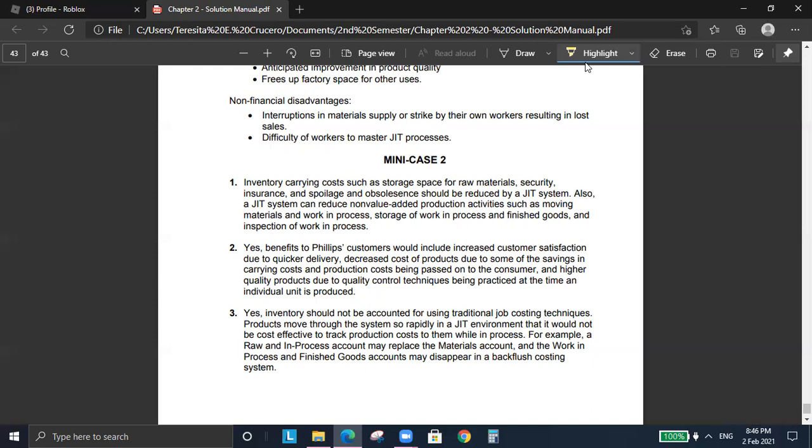It states, refer to the scenario on page 98, CR Industries. CR Industries is trying to decide whether to change from a traditional inventory system to a just-in-time system.